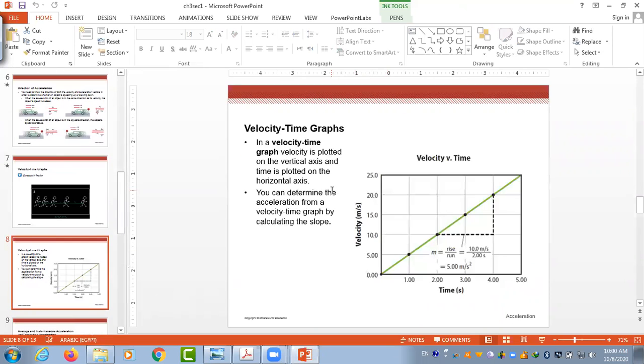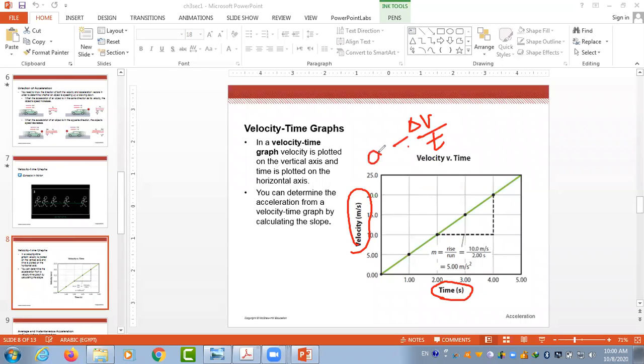Here we will plot velocity versus time, velocity on the y-axis and time on the x-axis, as we did before. In a velocity-time graph, velocity is plotted on the vertical axis and time is plotted on the horizontal axis. Okay, we said before, change in velocity over time.